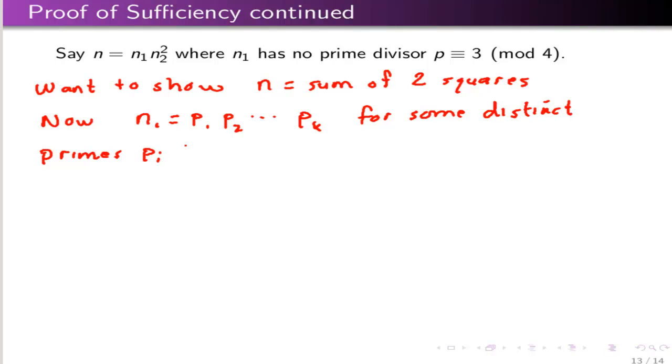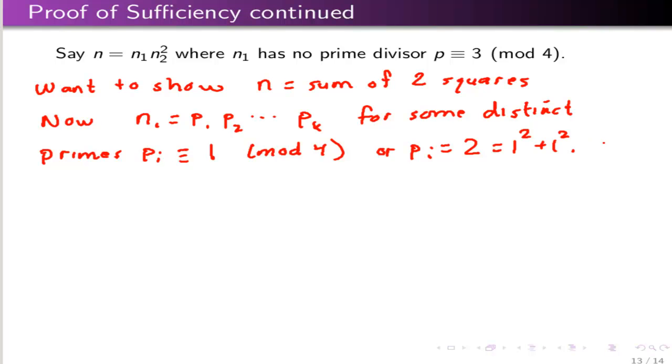For some distinct primes pi congruent to 1 mod 4, or possibly one of them could be 2. So you've got a collection of distinct primes. Well, each of the primes that is congruent to 1 mod 4 is a sum of two squares, and 2 itself is a sum of two squares.